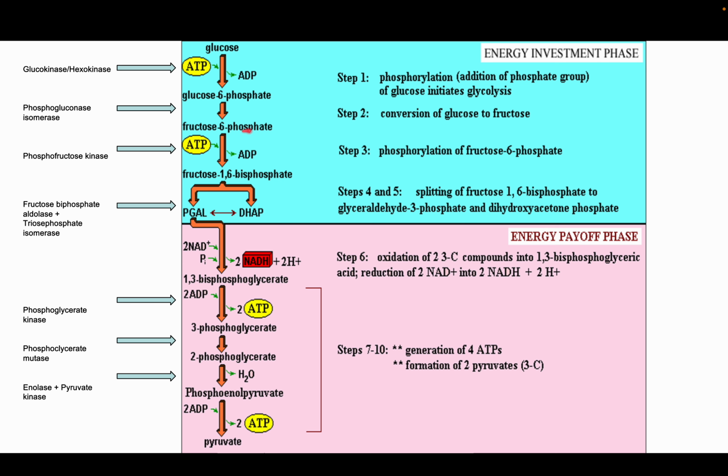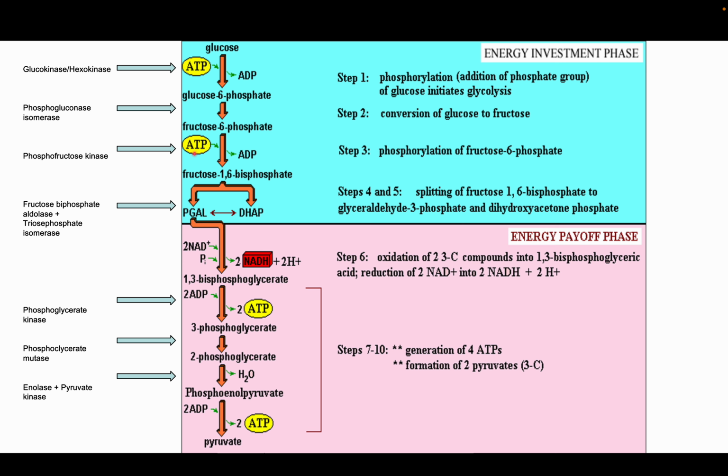Then the next step, step number 3, is phosphorylation of that fructose 6 phosphate, a secondary phosphorylation in a way, because it will now contain two phosphate groups. Catalyzed by the enzyme phosphofructokinase, fructose 6 phosphate is transformed to fructose 1,6 bisphosphate, acquiring one phosphate group from another ATP molecule.